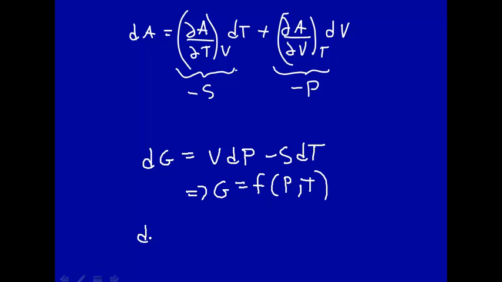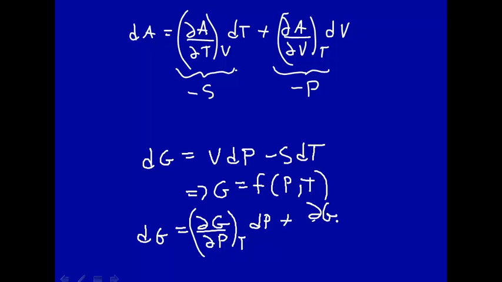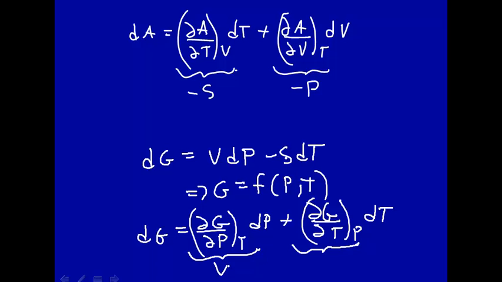Let's take the total differential there. That's how G changes with pressure at constant temperature times dP, plus how G changes with temperature at constant pressure times dT. And if we contrast and compare, that looks like volume. And if we look at this one, that looks like minus entropy.